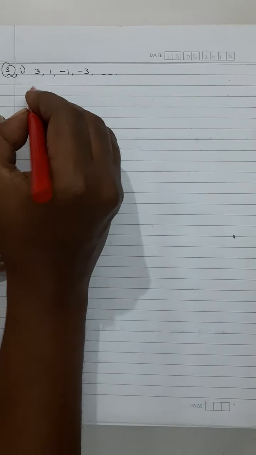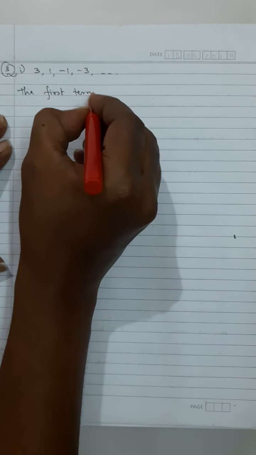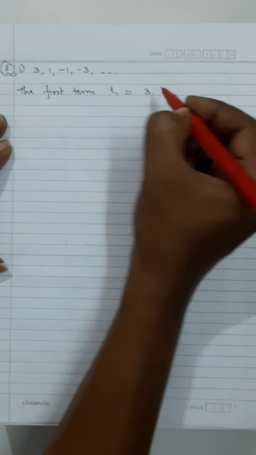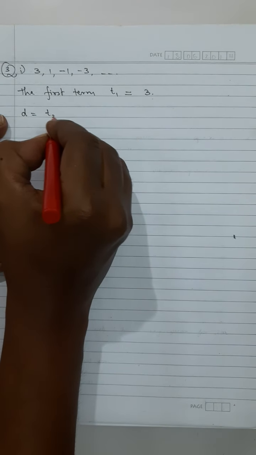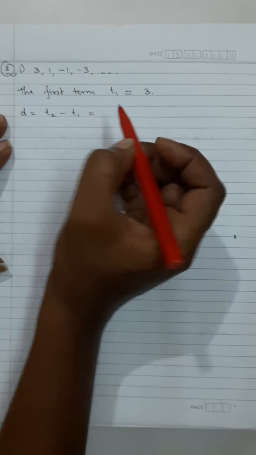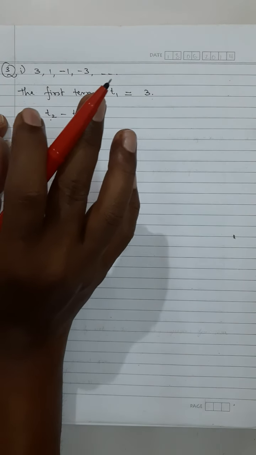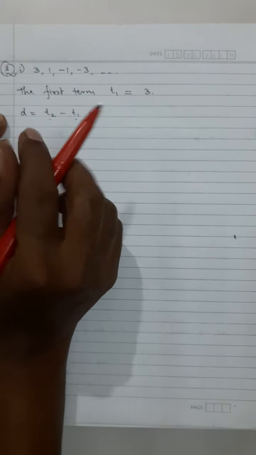Okay, so here the first term T1 is equal to 3, fine, and D is equal to what? You can take anything, T2 minus T1. Remember, always higher term minus lower term. I am repeating, I know you must be getting bugged or irritated, but still I am hammering it on your brain.